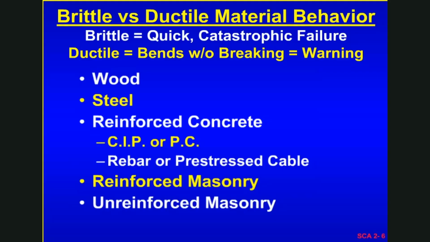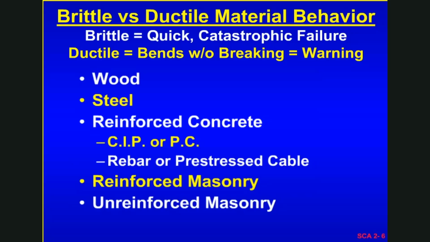Or if you think of cribbing, it crushes and deflects and is quite ductile. Steel, as illustrated, is the king of all structural materials. It's very, very ductile. If it's put together properly with adequate connections, it performs very, very well in most any extreme condition.